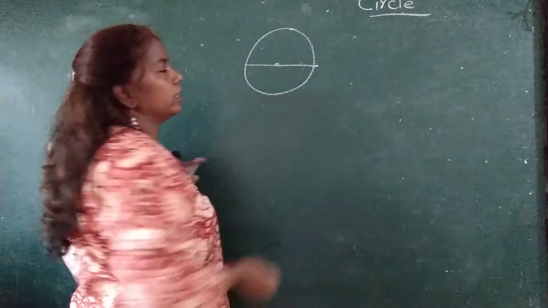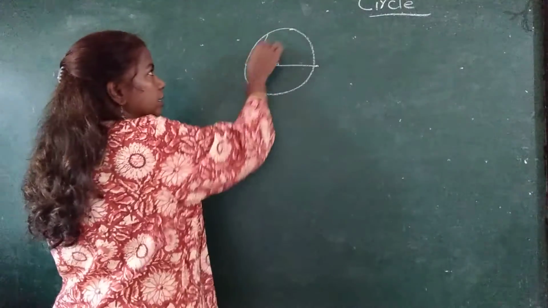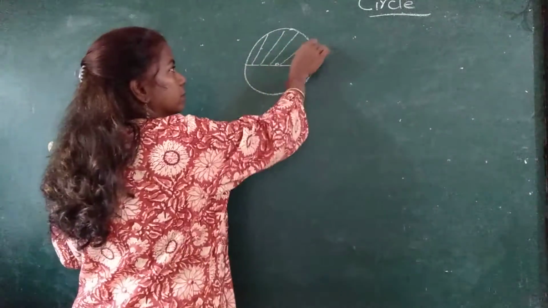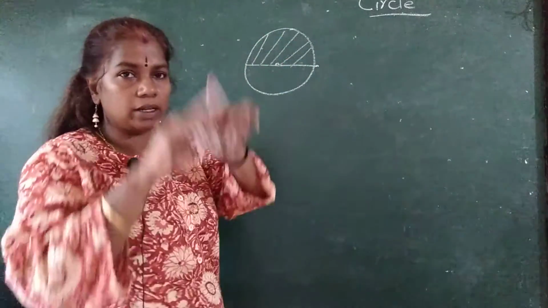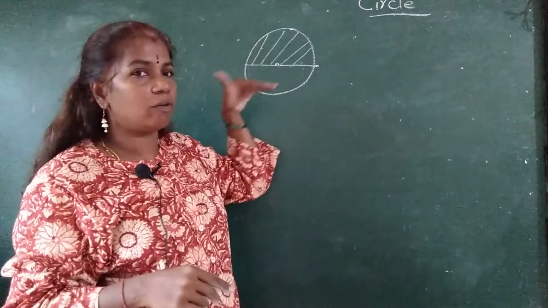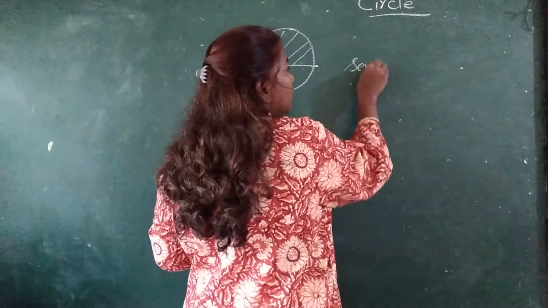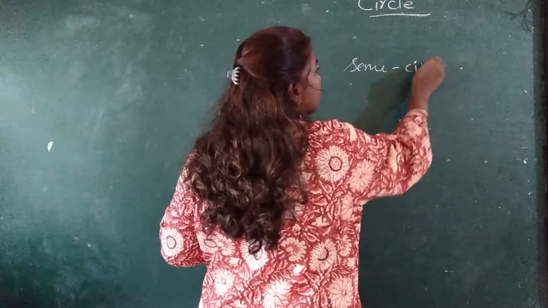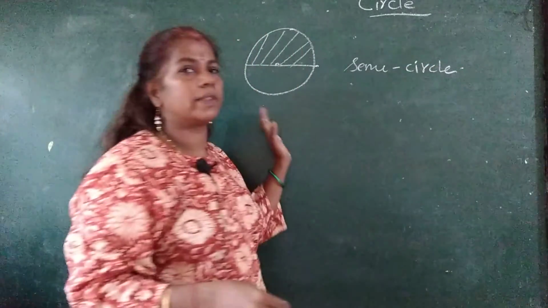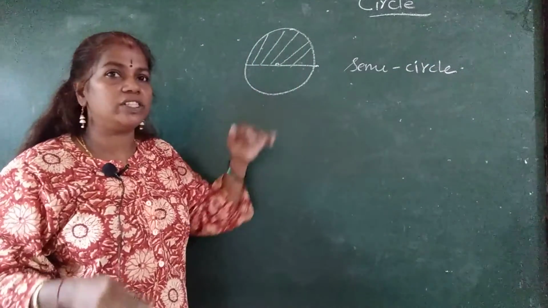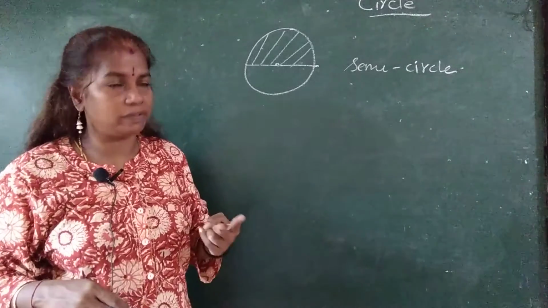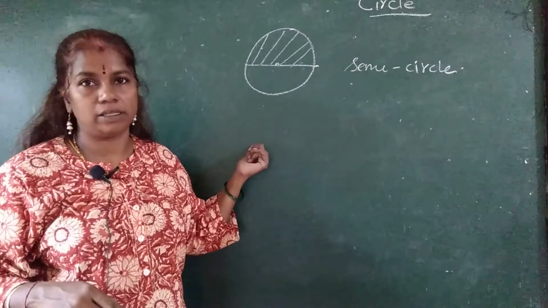From here I draw a line and I have shaded this. First of all, it was a full circle. Now I have made it into half. Then this figure is called what? Semicircle. Okay. A circle which is divided into 2 halves is known as a semicircle.